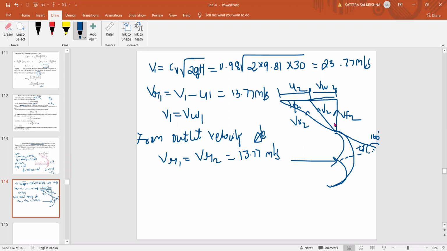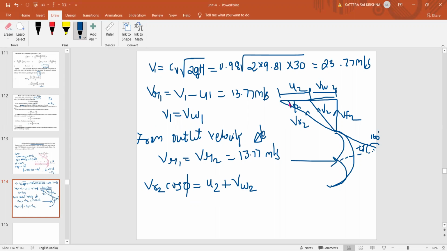From the outlet triangle, the horizontal component of VR2 is U2 plus VW2. So VR2 cos phi is equal to U2 plus VW2.